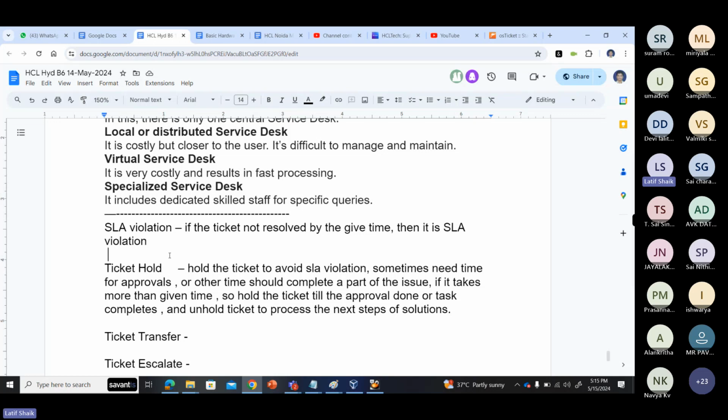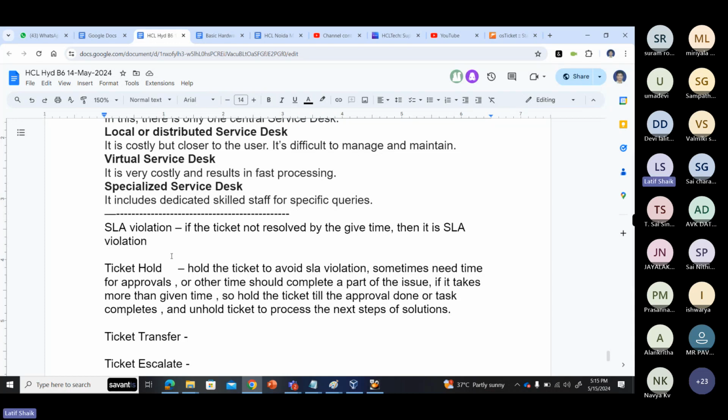In case you didn't resolve it, whatever the reason, if you don't resolve within the 4 hours, you violated the SLA. If a ticket is not resolved by the given time, then it is an SLA violation. What is SLA violation? You have to resolve the issues within the given time.